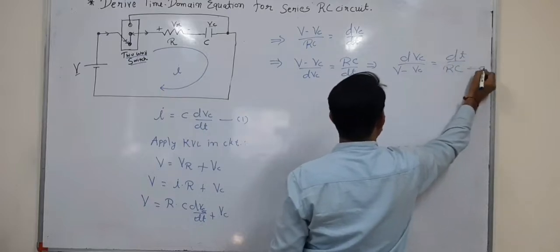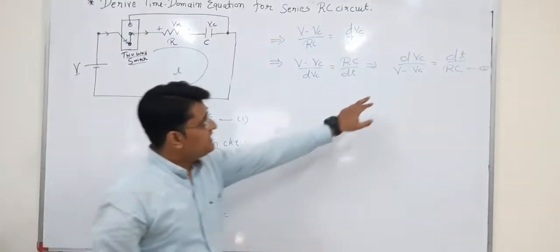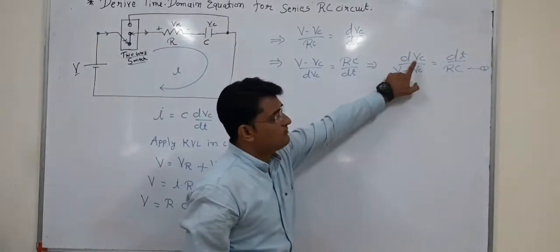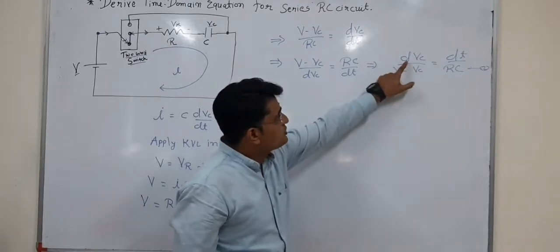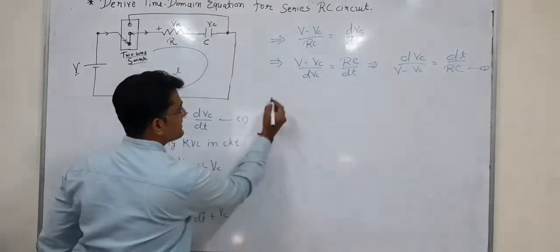Let's say this is my equation number 2. As I said, I am particularly interested in the term Vc, so we should take integration on both sides to remove the term of t.